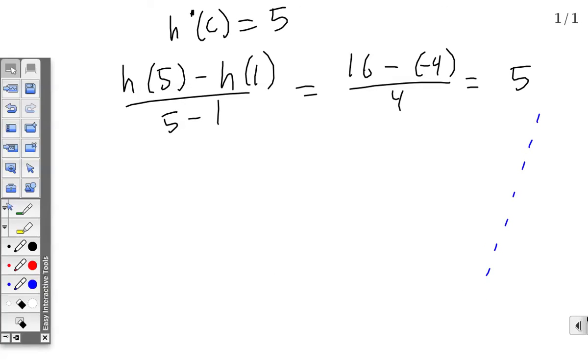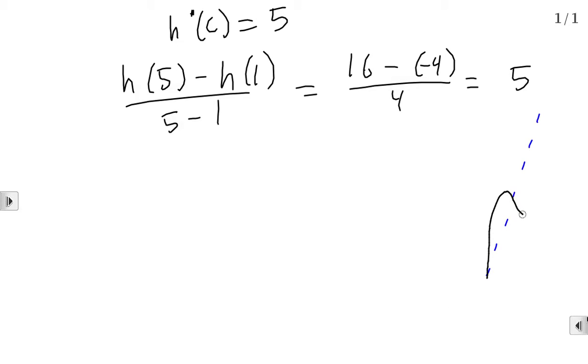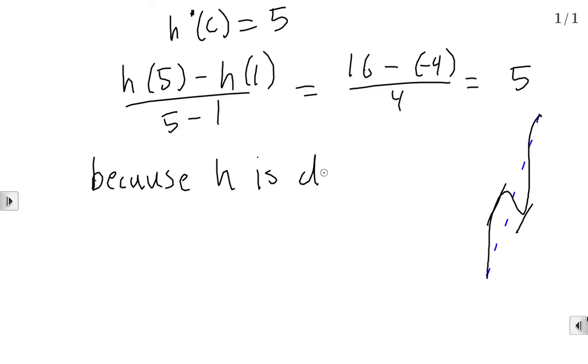And so what that means is no matter what the function is, if that's the slope from endpoint to endpoint, then somewhere along the way, the IROC, the tangent line, is going to be parallel to the AROC. So you would write this out, and then you would say because h is differentiable, the mean value theorem applies. Differentiability goes with derivative; continuity goes with y value.